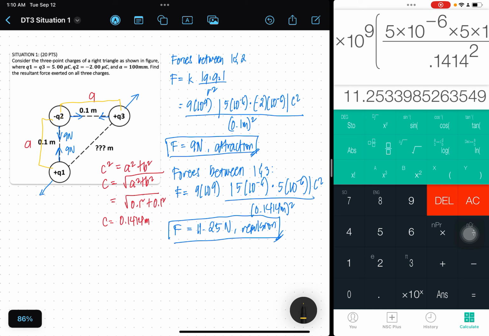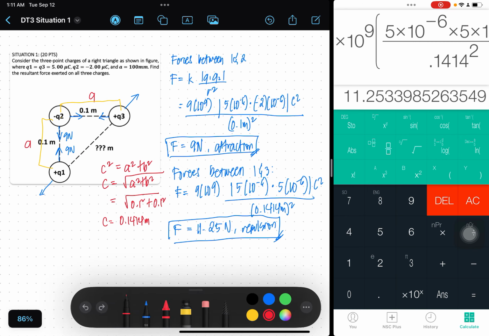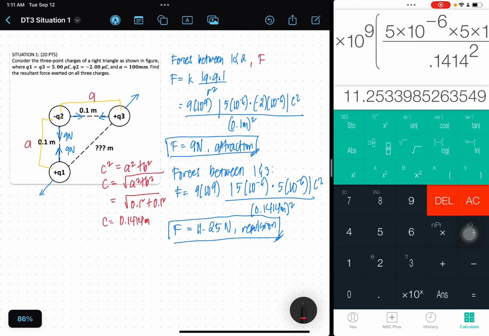So we can conclude this is also the answer for the force between 2 and 3.